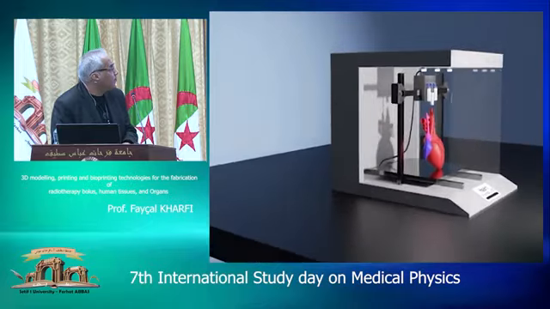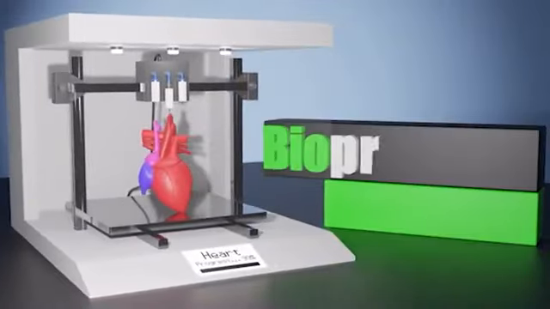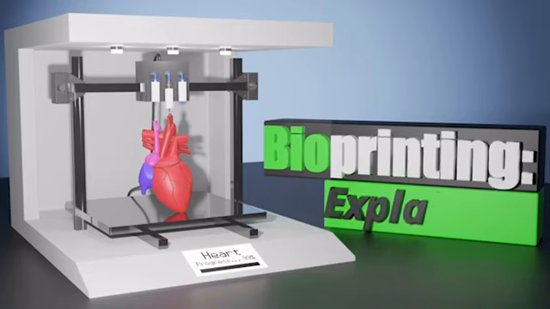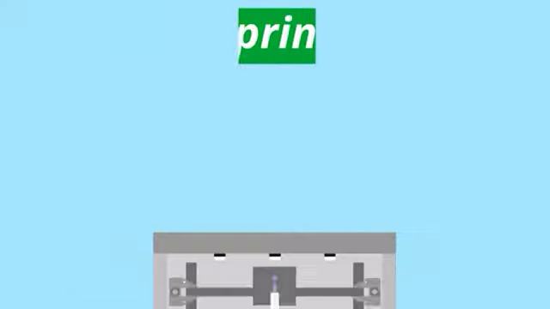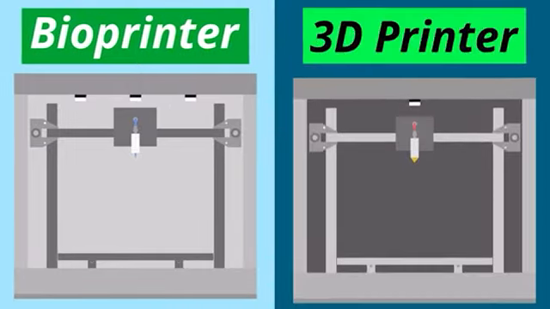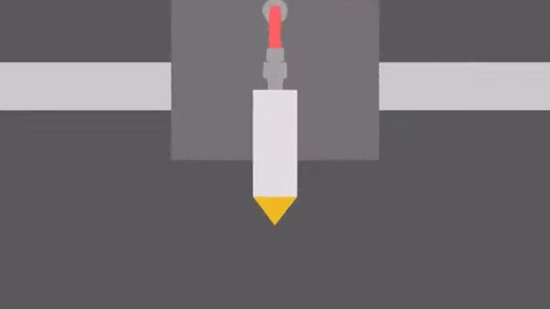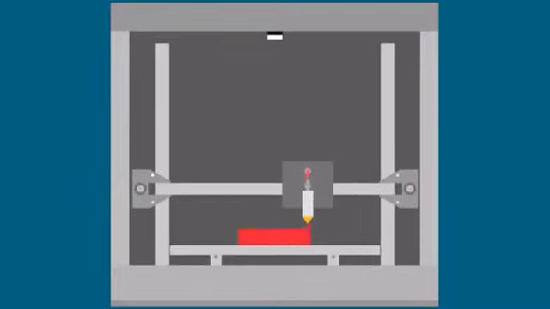3D bioprinting, also just known as bioprinting, is a relatively new technology that, in theory, would allow humans to fabricate nearly any tissue or organ from scratch. The fundamental idea behind bioprinting is quite similar to that of ordinary 3D printing, in which a material, usually plastic, is printed one layer at a time.